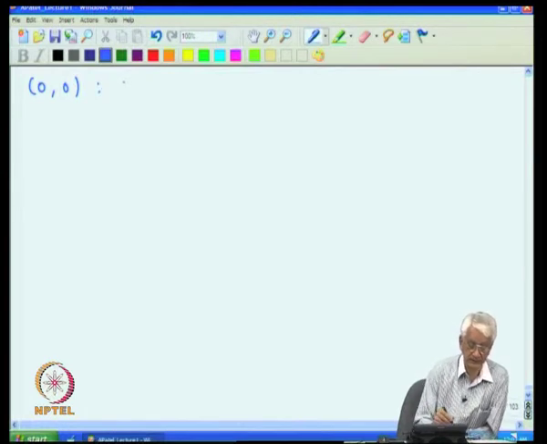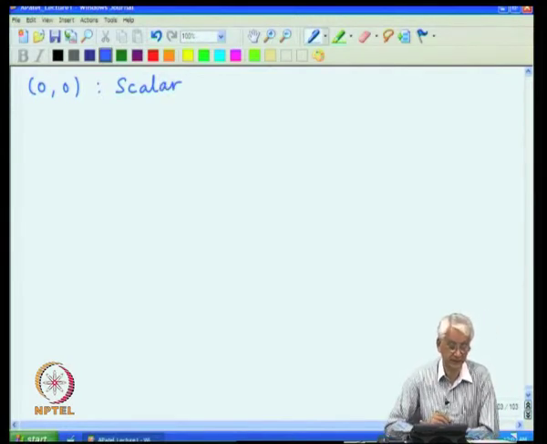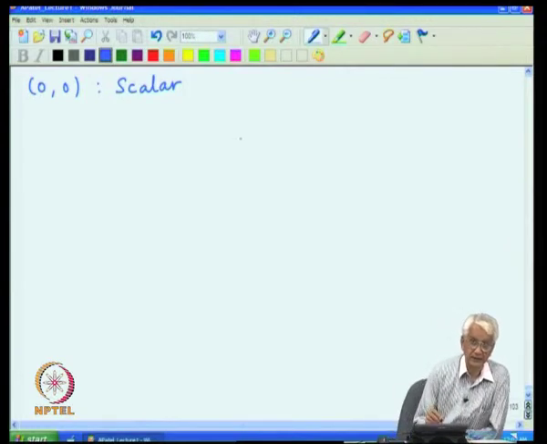It is a scalar with no spin and symmetric under parity and charge conjugation, and this will define a field which can be called, say, the Klein-Gordon field.